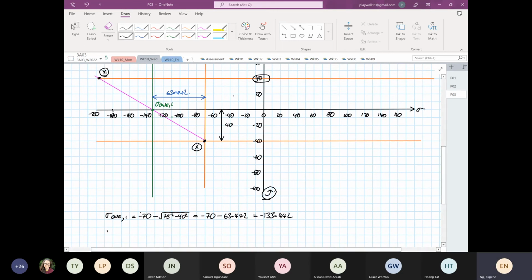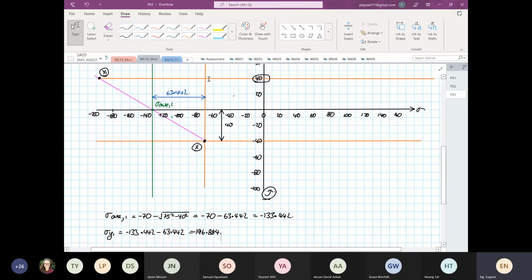Stress Y1 is equal to minus 133.442 minus 63.442. Okay, so 133.442 plus 63.442 is equal to minus 196.884. Okay, and that's 196.884. So this is our point Y1.